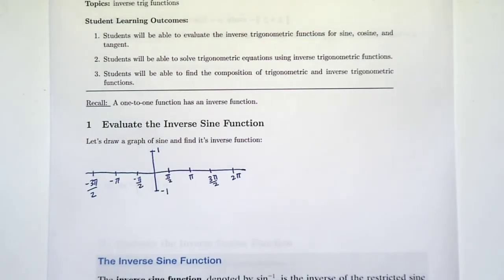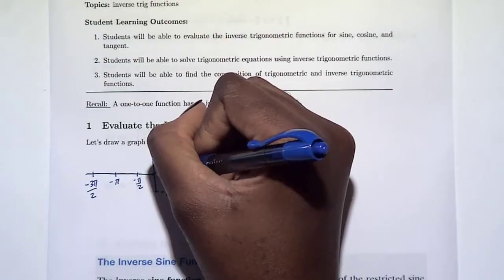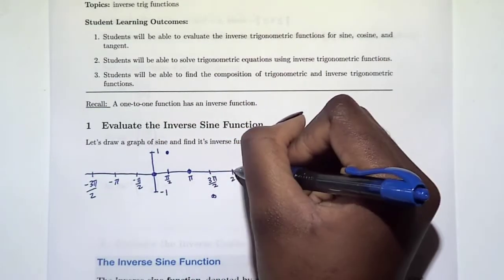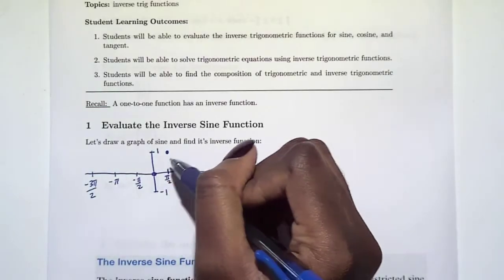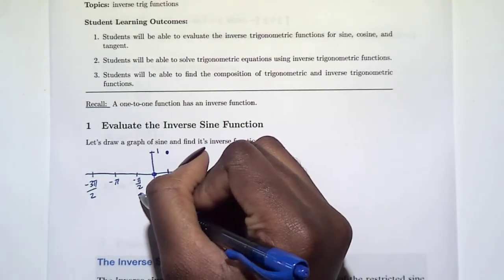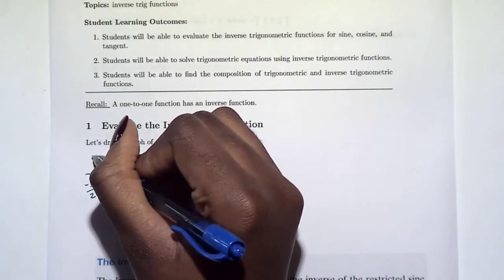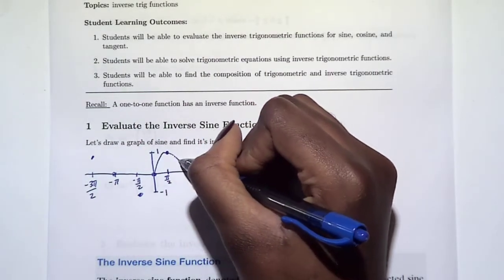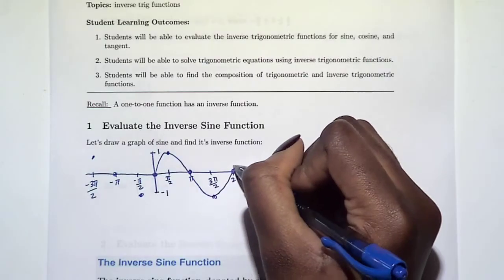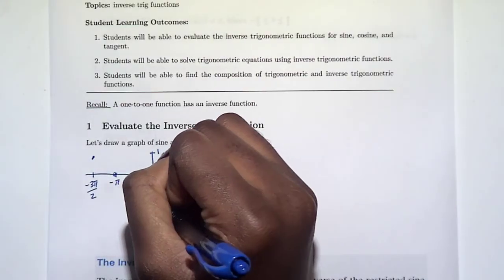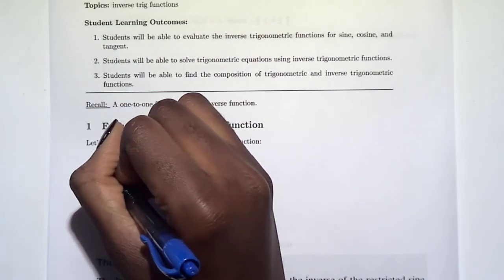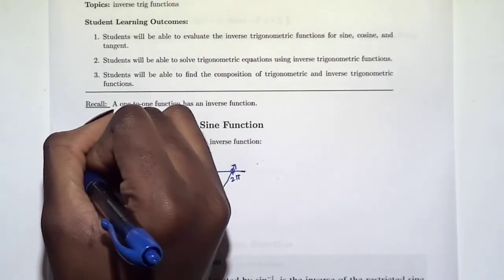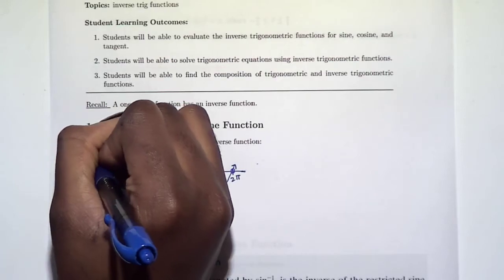Okay, so we know how to graph this. Sine goes 0, 1, 0, -1, 0, and the reverse. Okay, so here's our sine graph. It looks something like this. So this is the graph y equals sine of x.